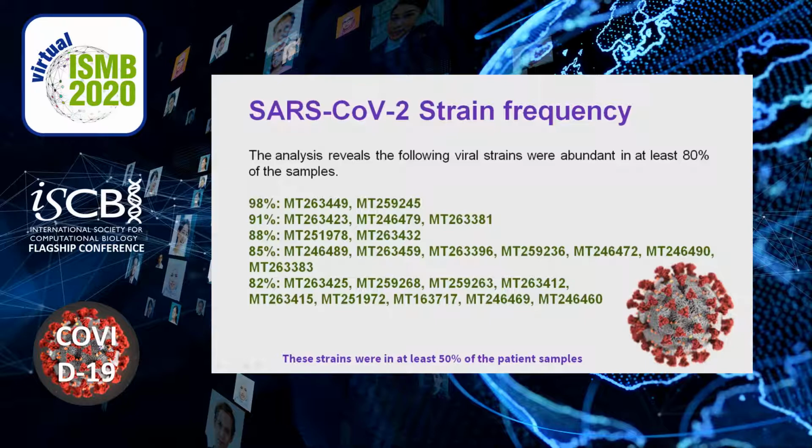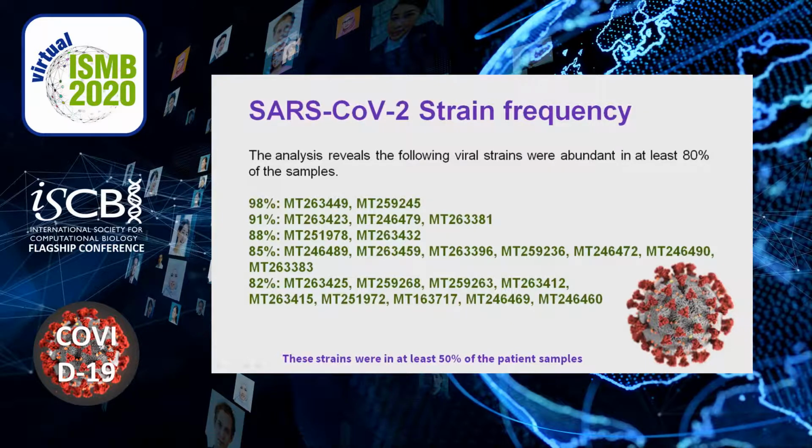All of these strains were in at least 50% of the patient samples. There were some other strains with their corresponding percentages in all the samples that are also shown on this page.